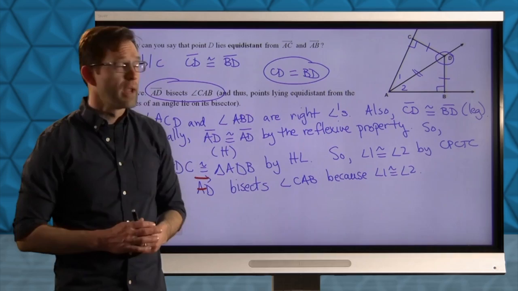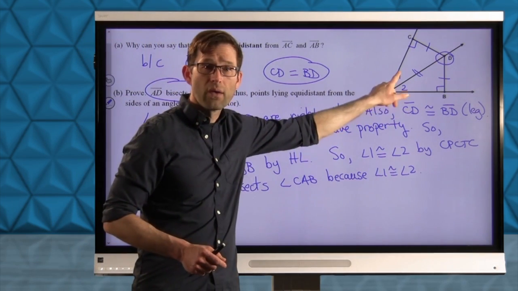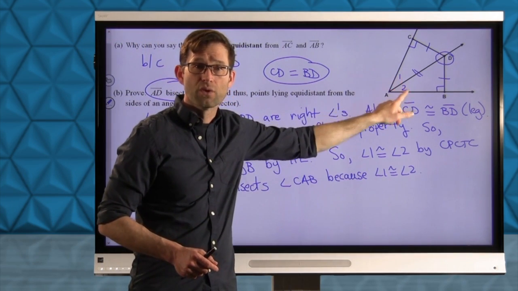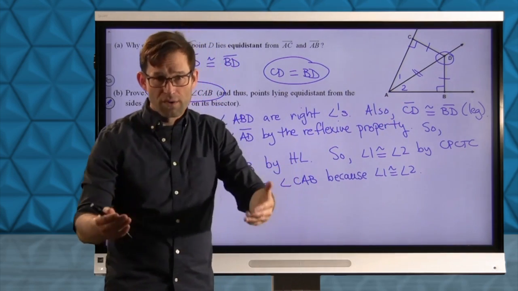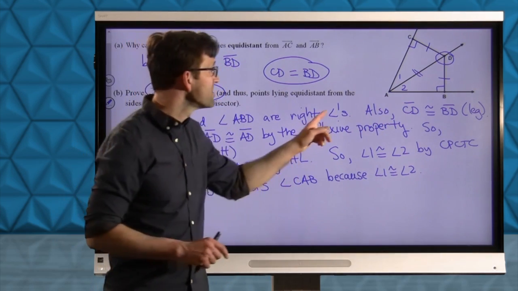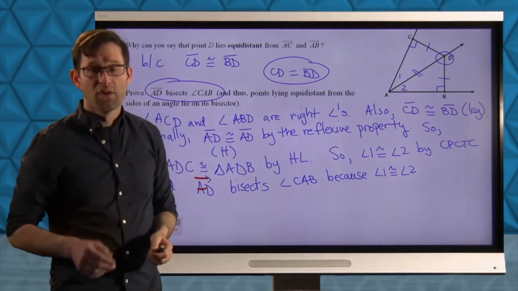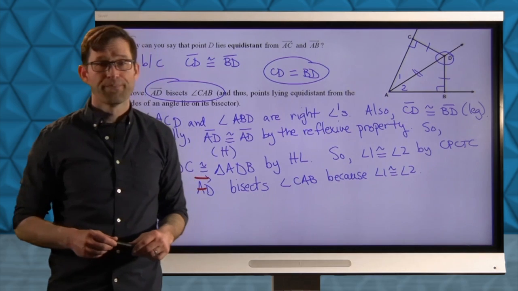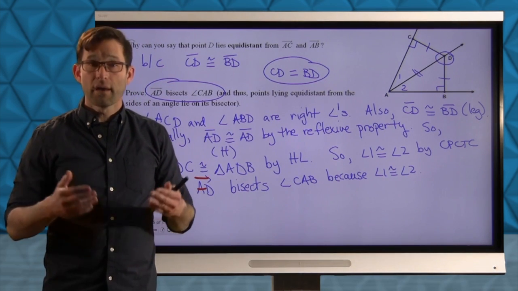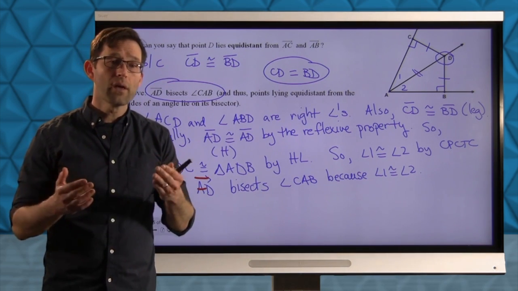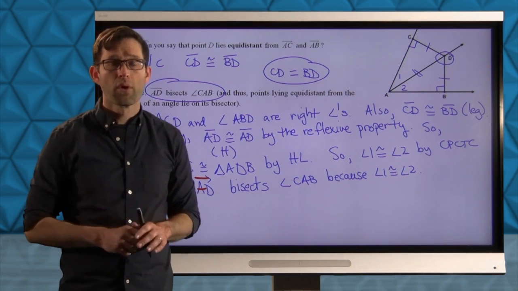Because these two triangles are now congruent, we know that these two angles, which are corresponding parts of those two congruent triangles, are also congruent, and that means that AD must bisect this angle because those two angles are the same measure.